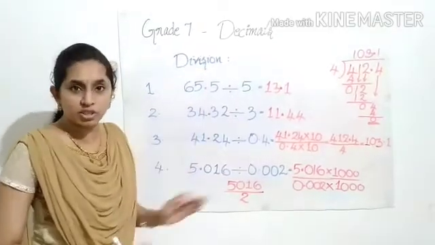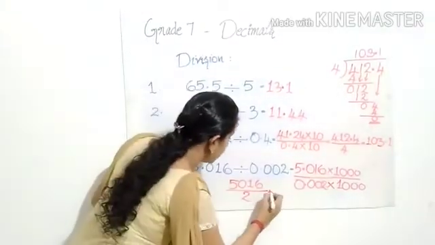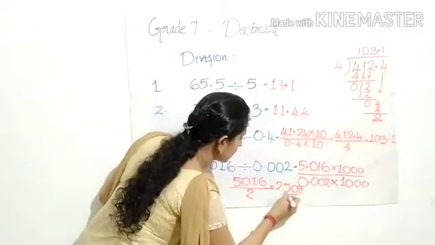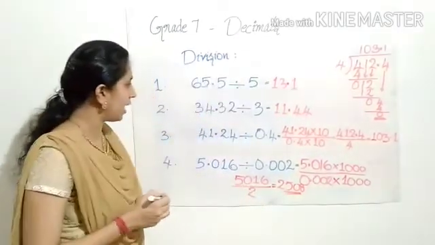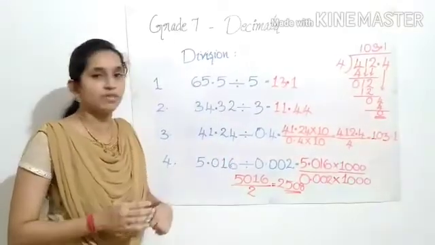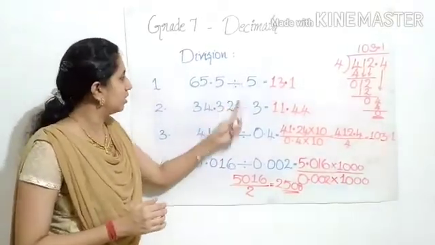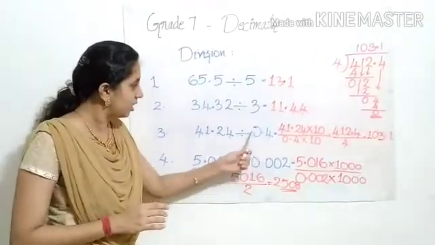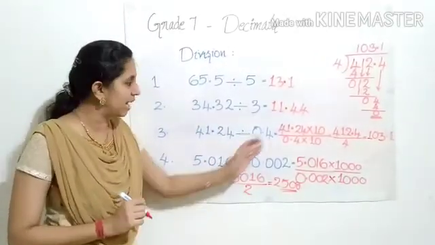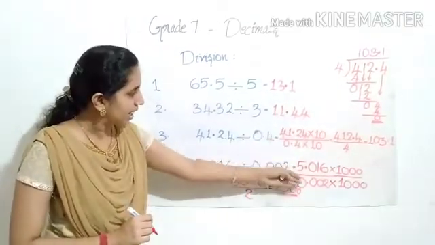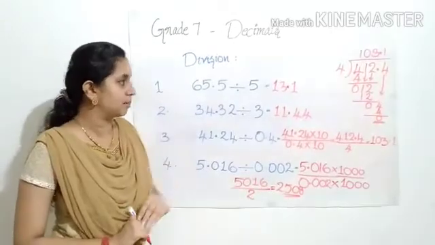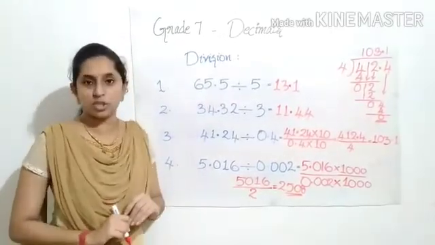We can go for division and what answer will we get, children? 2508. This is the answer. So we have discussed 2 types of division. The first type was where the divisor was not a decimal number and here it was a decimal number, and we multiplied by 10 and 1000 to get rid of the denominator decimal. So this is how to do division.